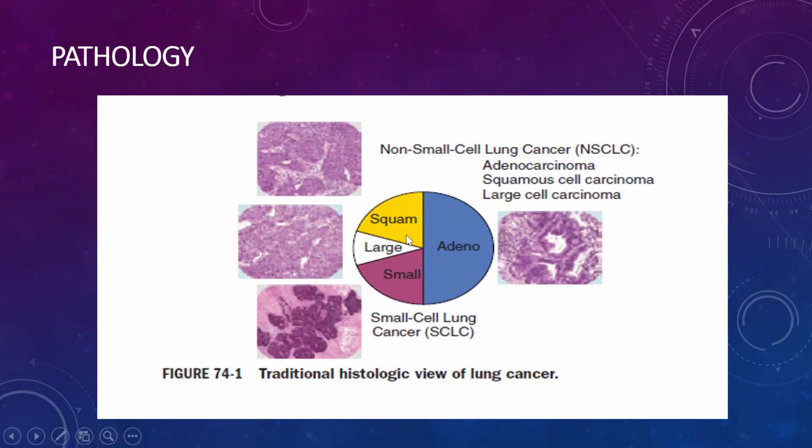You also see the relative frequency of the types. So you can see that adenocarcinoma is actually the most common form of your lung CA, followed by your small cell and squamous, and lastly your large cell.